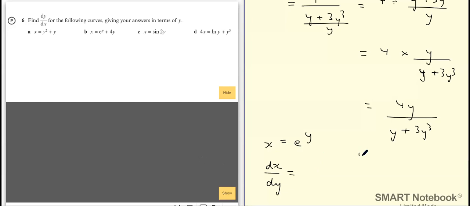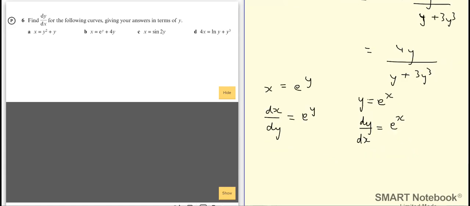All right, if I think about y equals e to the x, what is dy by dx? It was e to the x. So now all that's happened is I've changed the x's to y. So now all that is going to happen is I'm going to get e to the y. Think about the relationship here. If y equals e to the x, dy by dx was e to the x.